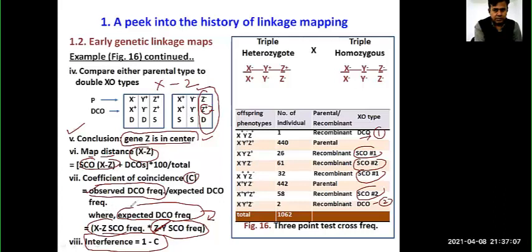So DC frequency you can calculate from this. For example, 1, 2, 3 upon 1062 into 100. Okay, so you can calculate. This will be the observed DC frequency, right?